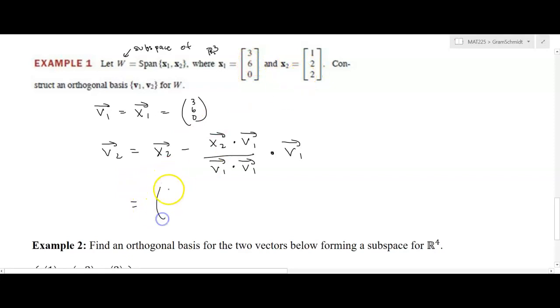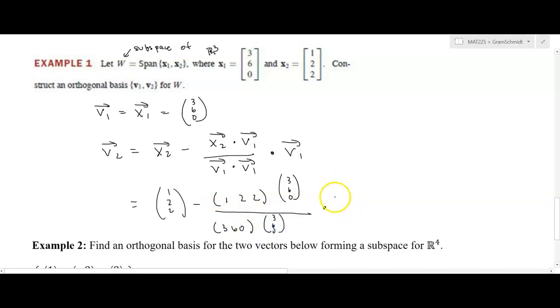So we have the 1, 2, 2 vector minus x2 dotted with v1. So x2, really it's the transpose of it, dotted with v1. But we said that we can avoid using the transpose operator when we're dealing with dot products. v1 dotted with v1 will be 3, 6, 0 dotted with 3, 6, 0, multiplied by v1, which is 3, 6, 0.